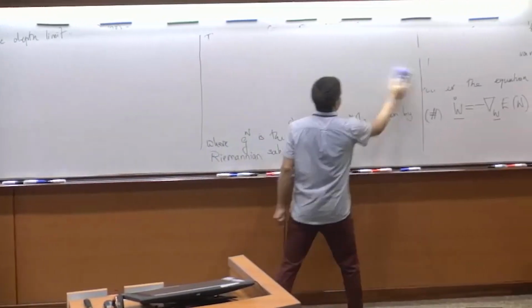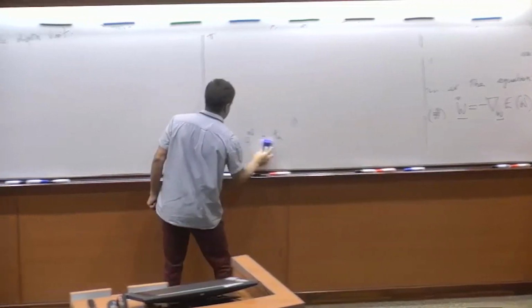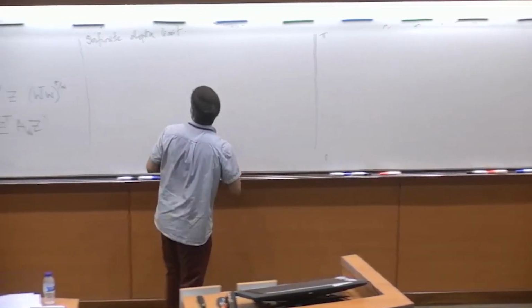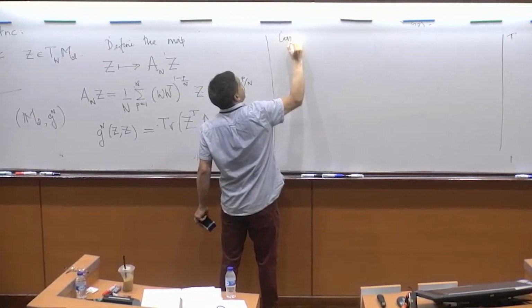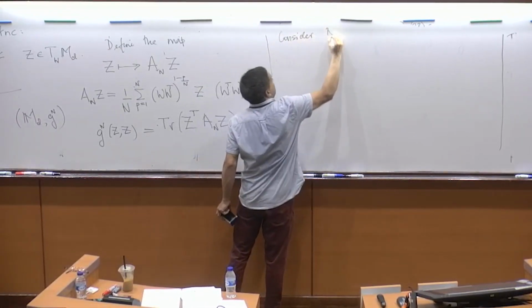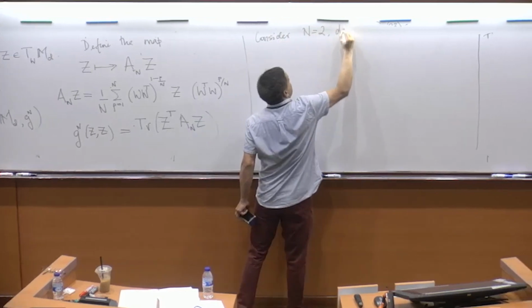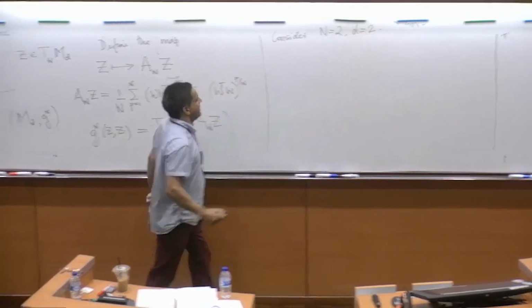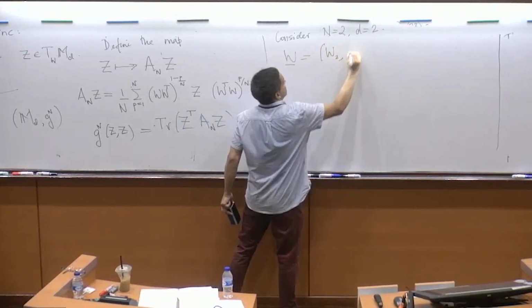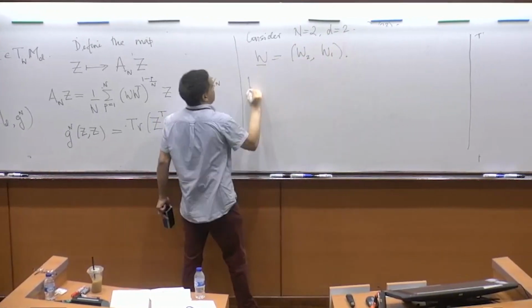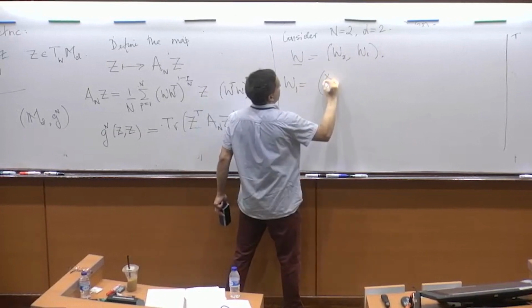Let's just do this in the simplest case. N is equal to 2 and D is equal to 2. And let's look at, so now W is simply W2, W1, and let me write out W1 in the following form.